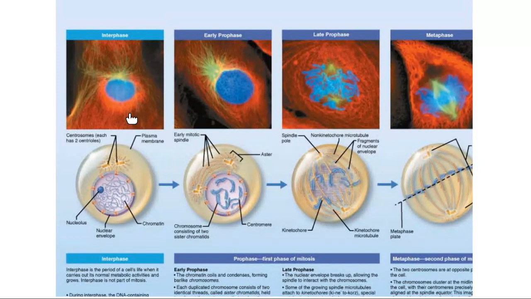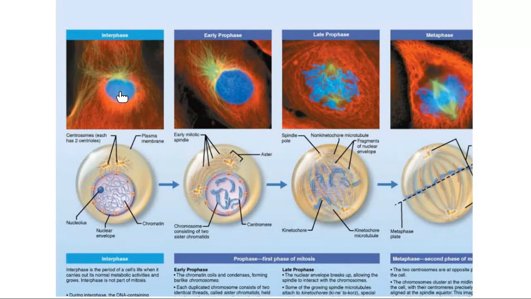What we're going to want to pay attention to as we start looking at the different phases of mitosis is the blue color and the green color, because that's going to tell me what's happening with the DNA and what those centrioles are doing.